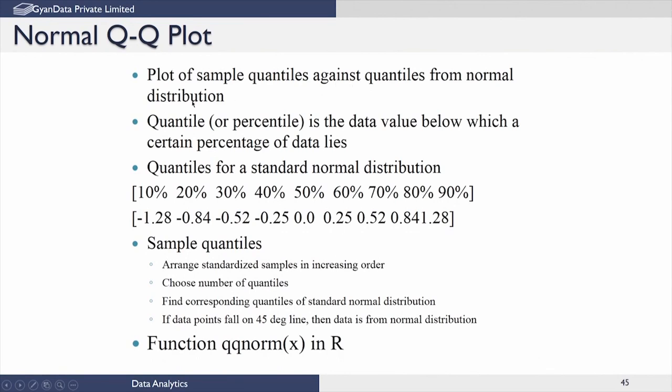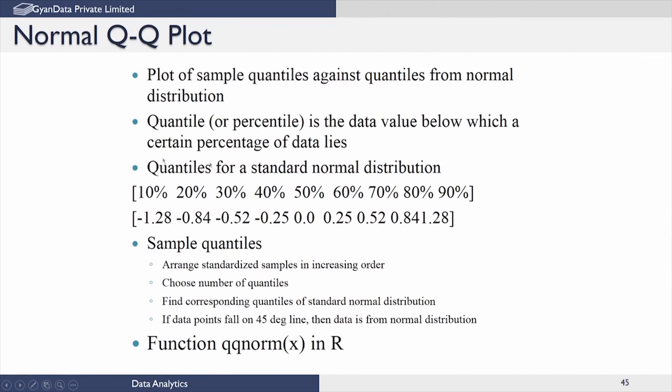So, if we want to compare whether a given set of data follows a certain distribution, then we plot the sample quantiles against the quantiles drawn for that particular distribution against which we want to test this sample. In this case we want to test whether the residuals that we have, the standardized residuals, come from a standard normal distribution, and therefore we will take the quantiles from the standard normal distribution and plot it.